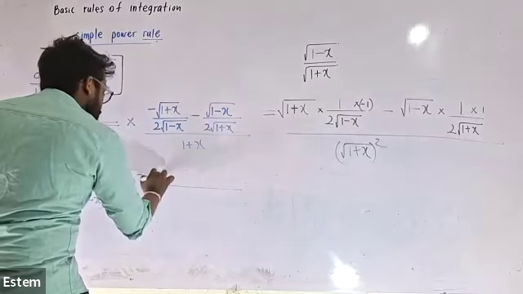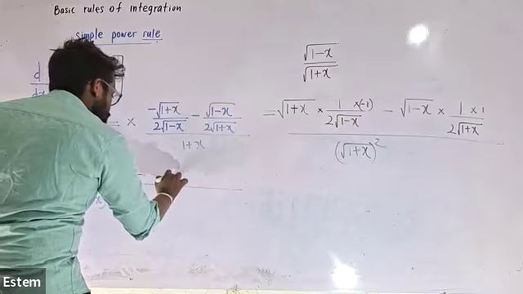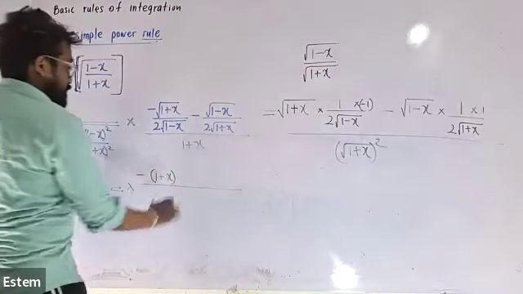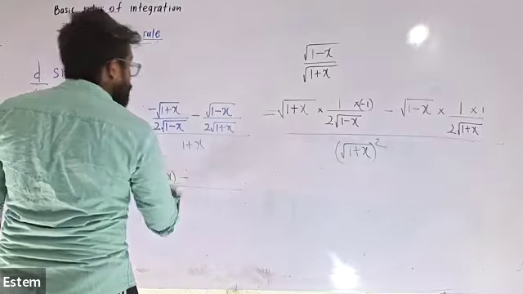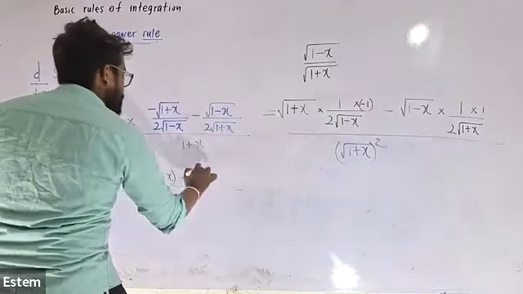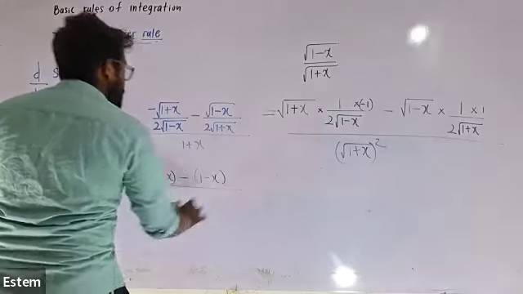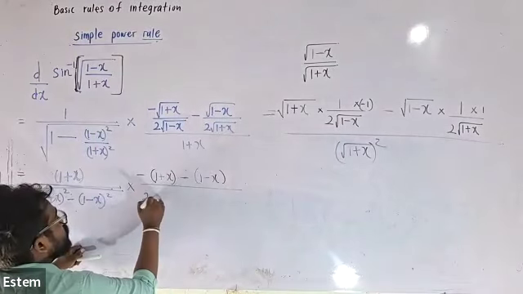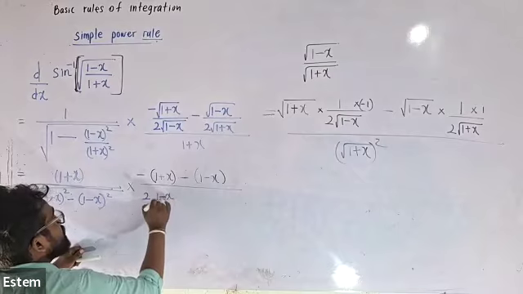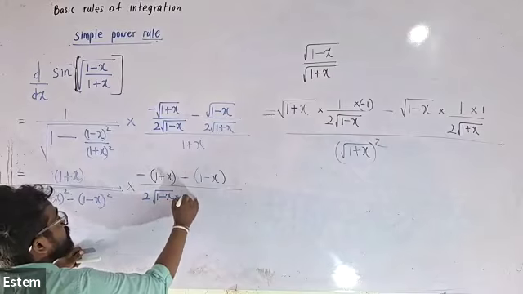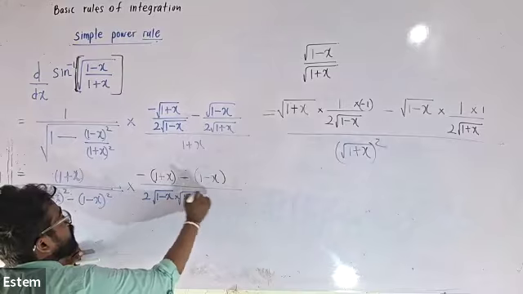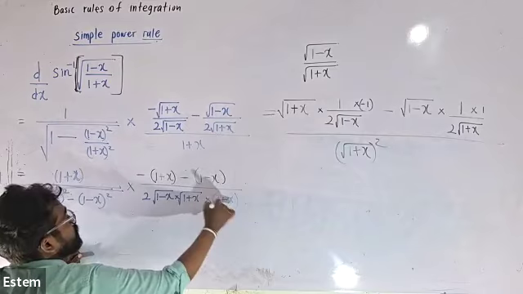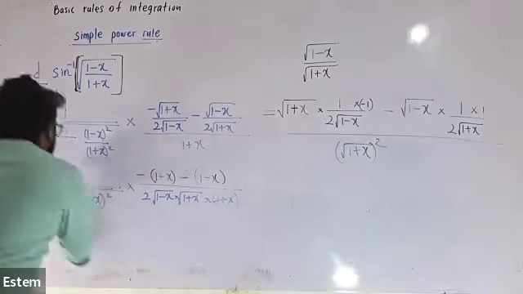It is 1 plus x. Minus 1 minus x, and 1 minus x is also 1 minus x. In the denominator, it is 2, square root of 1 minus x and square root of 1 plus x, and don't forget this 1 plus x also. So we can cut off this 1 plus x.